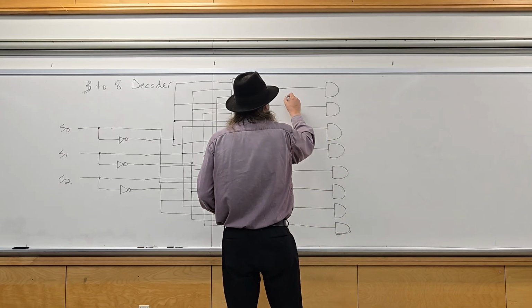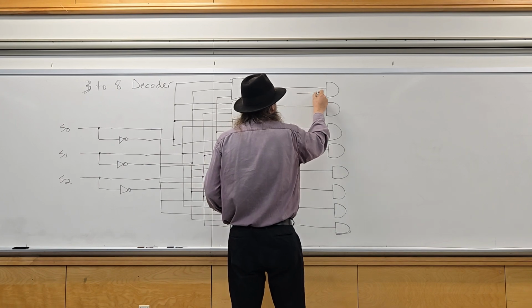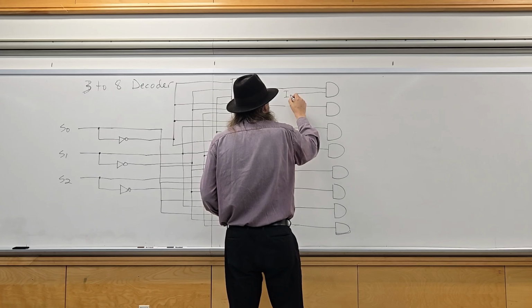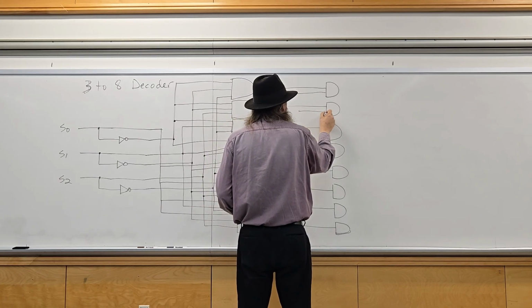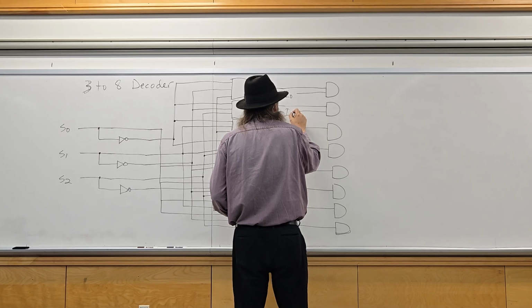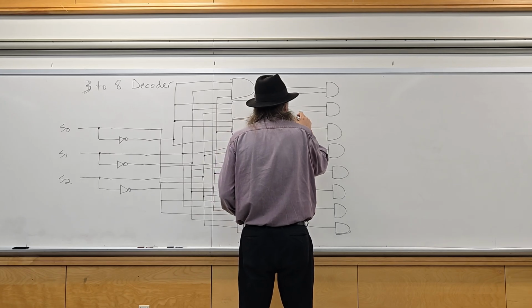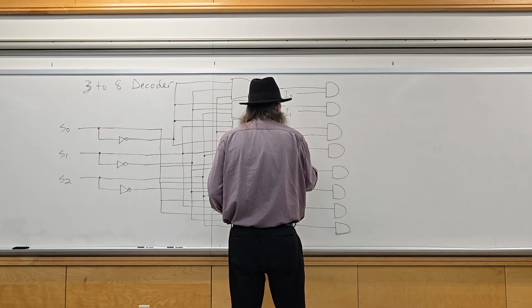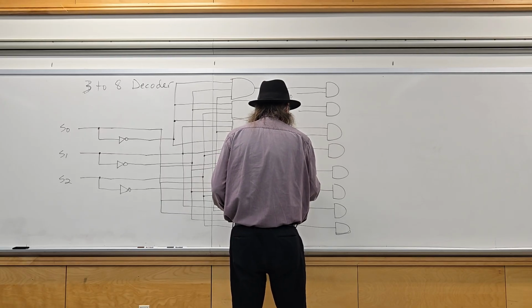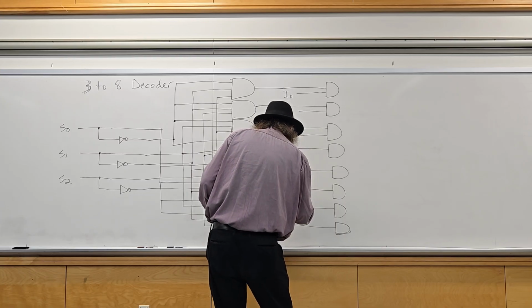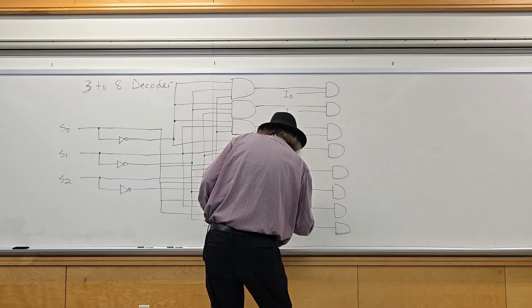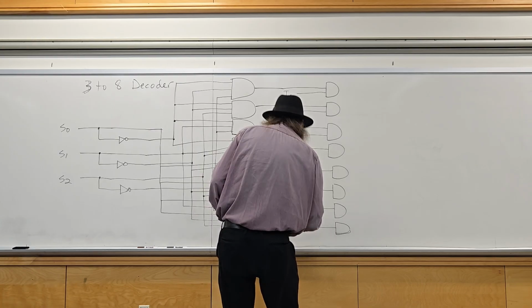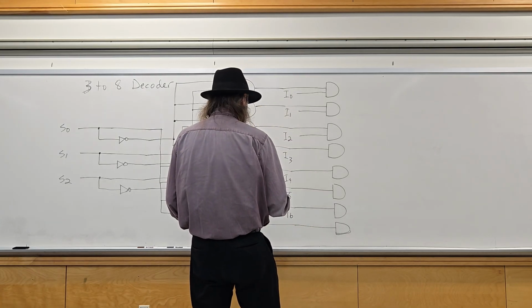And you would have your inputs, I0, I1, I2, I3, I4, I5, I6. Did I miss one?